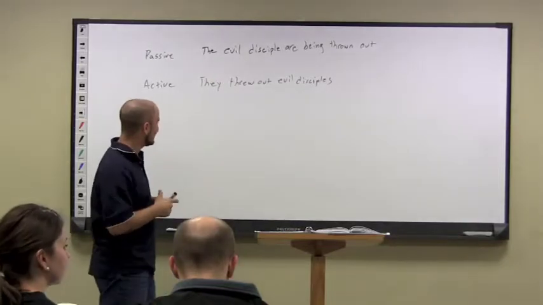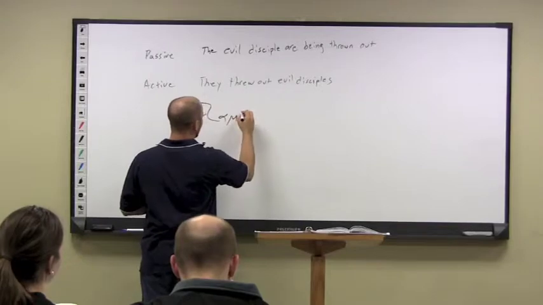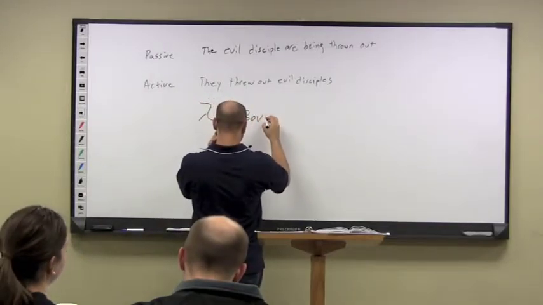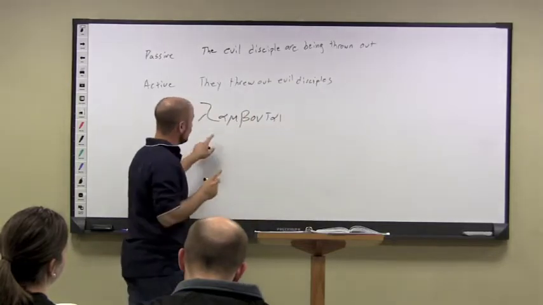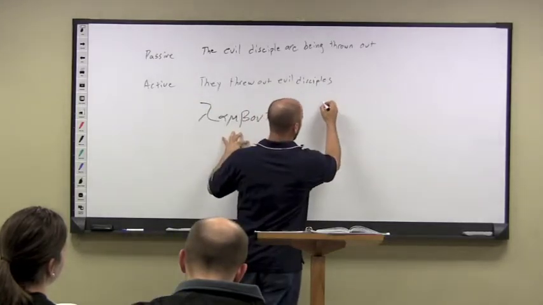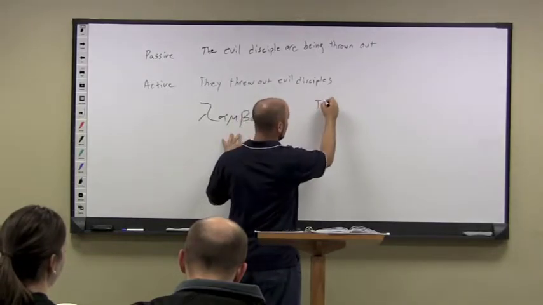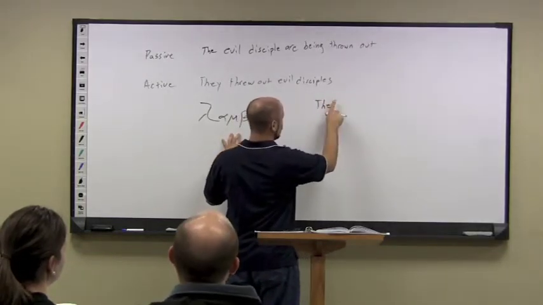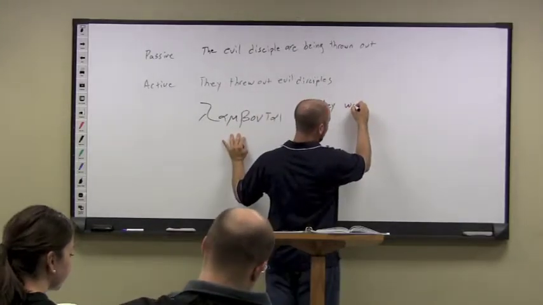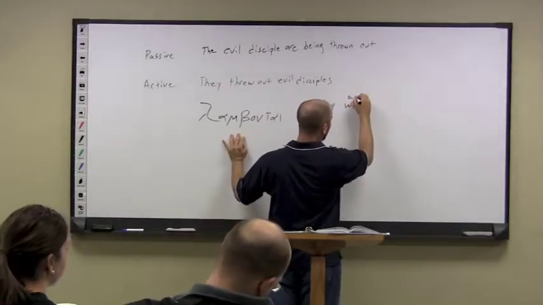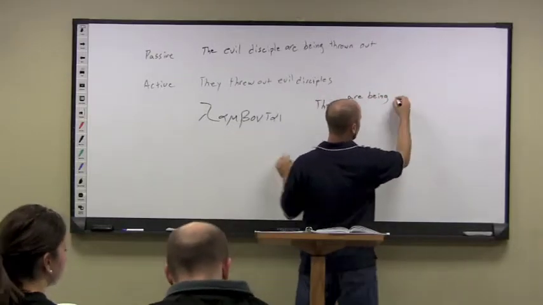All right, we're on 8. So the passive construction, or the passive translation, would be the men, or let's just simplify it with they, were or are being, that's the present, received.